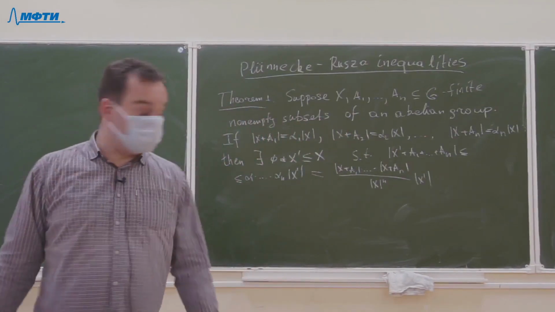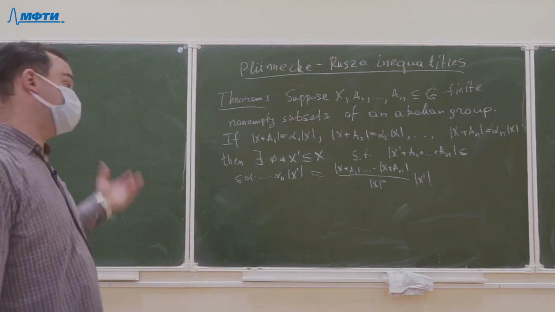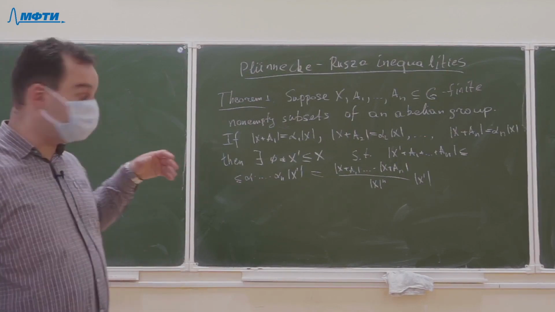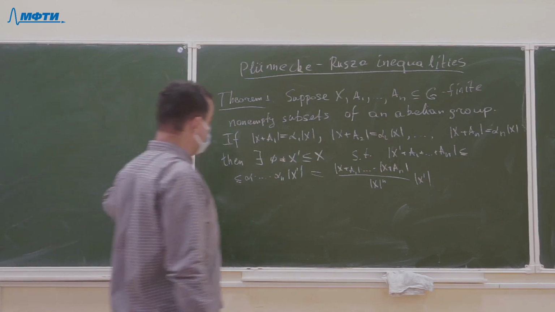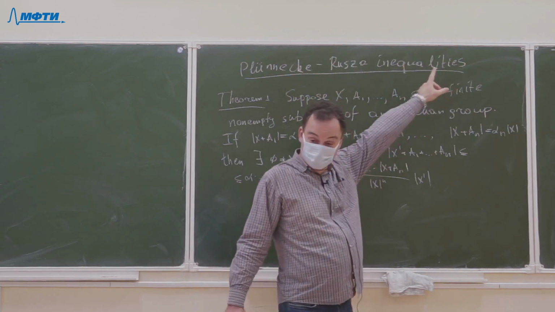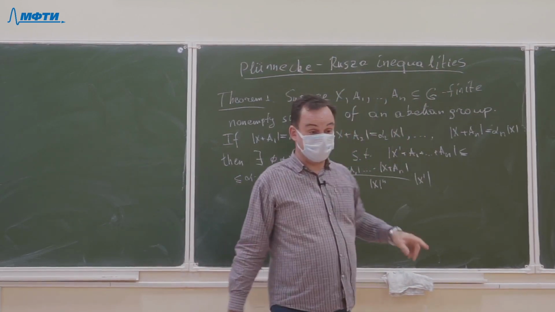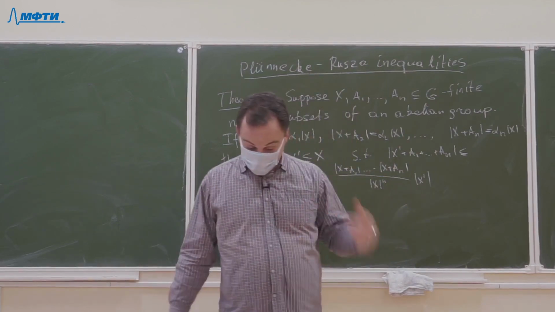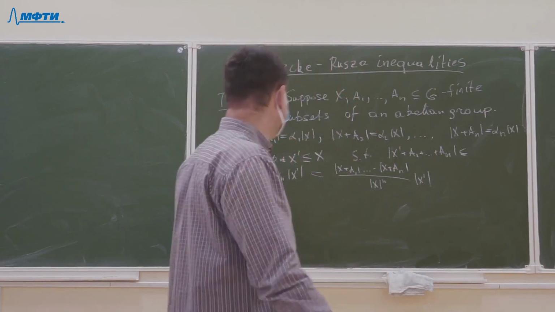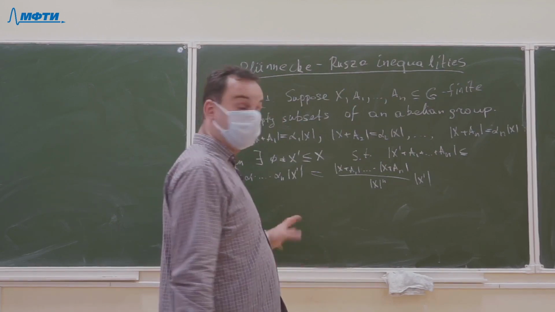Well, this is a general statement of the Plunnecke-Rusza inequalities. Why did I write inequalities, not inequality? Just because there are lots of versions of this Plunnecke-Rusza result, and I will state some of them, but not today.